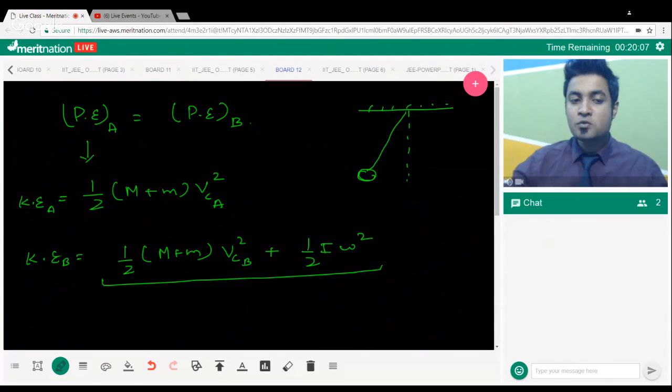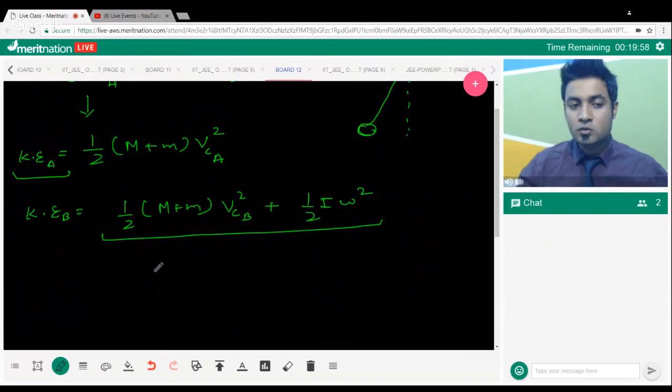As you can see, both potential energies are getting converted into kinetic energy, so their kinetic energies have to be equal. So KE in case A has to equal KE in case B, right?